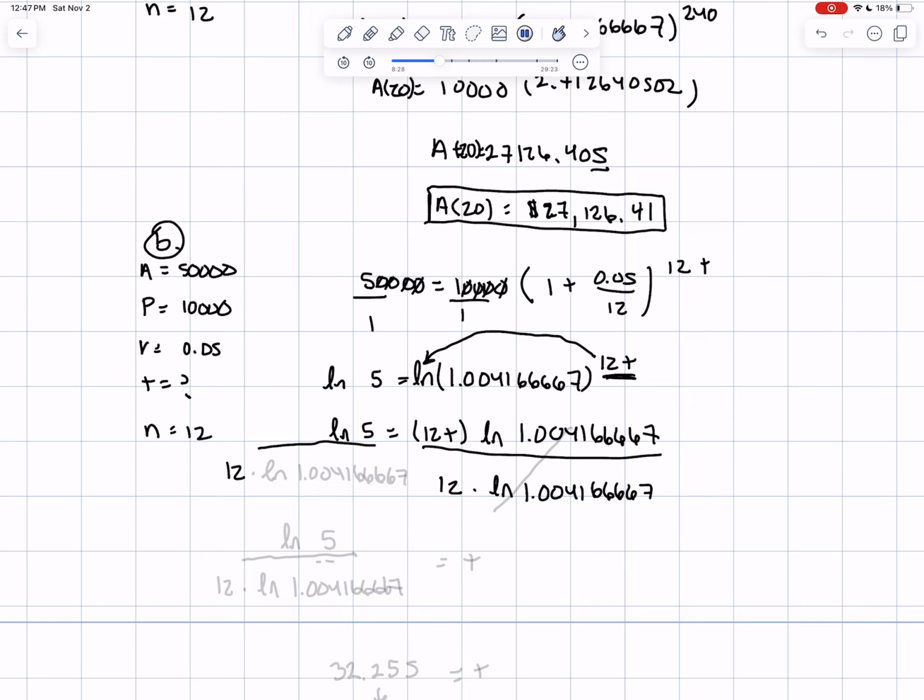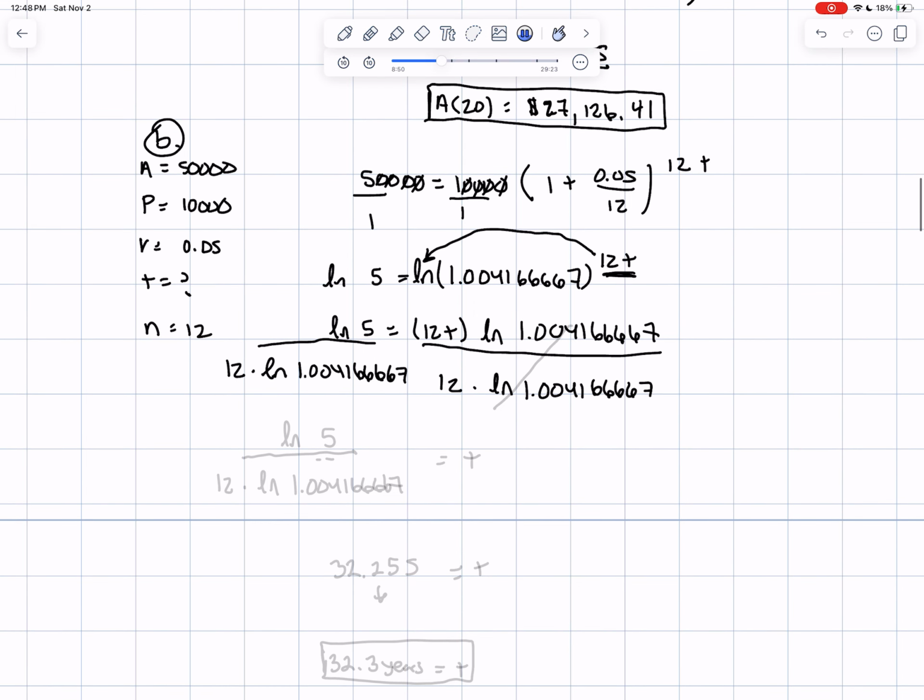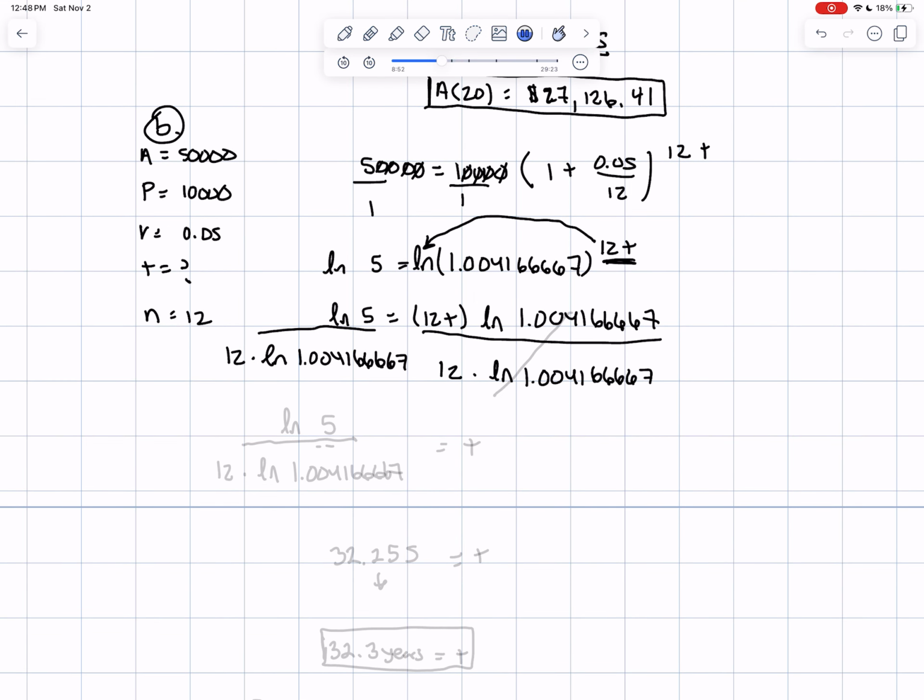So 12 ln, make sure I didn't do too many 6s there. Let's just double check. Yeah, it's 4 6s. So now this is gone, and what's left on the right hand side is a t.